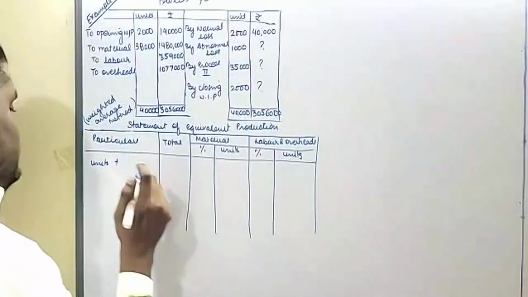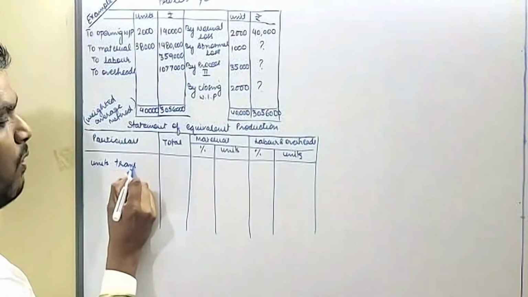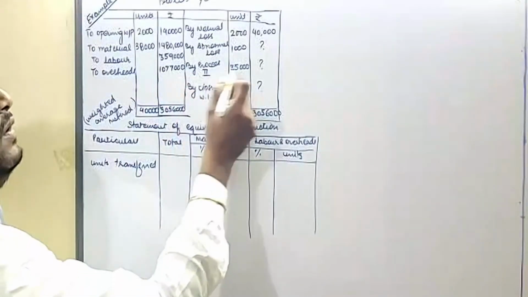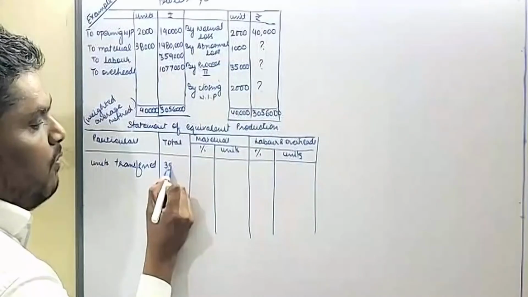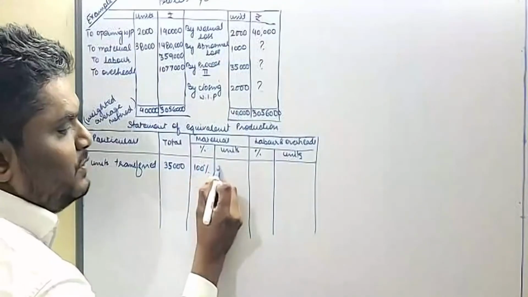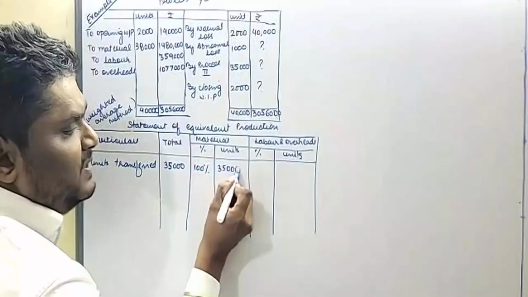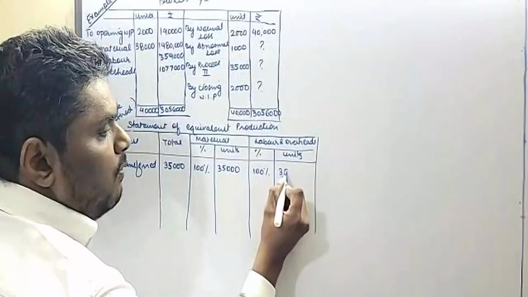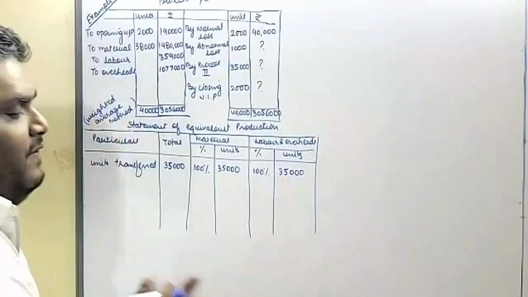So units transferred is how much? 35,000 units. Since they are transferred to the next process, we will assume that they are 100% processed. So 35,000.